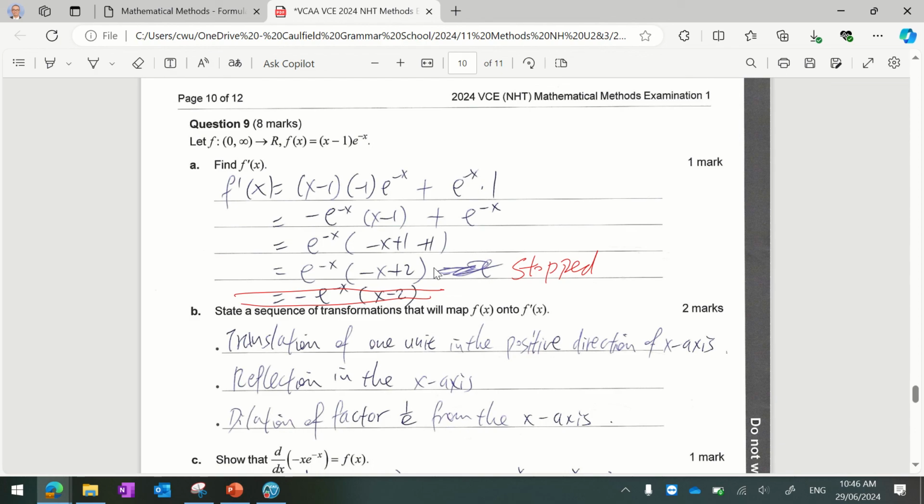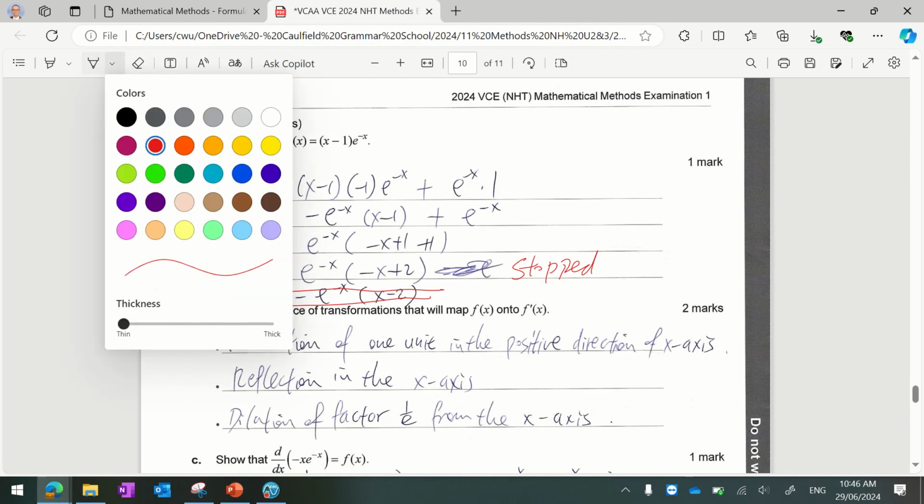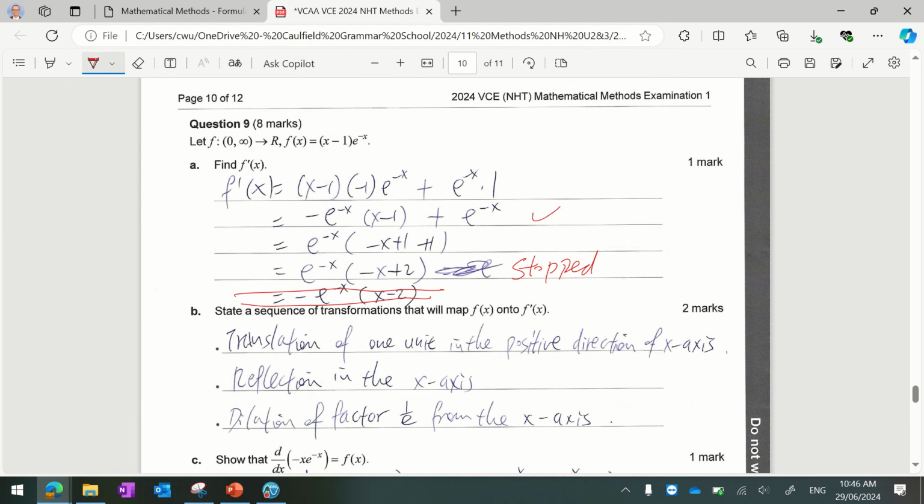If you did question A and you wrote this down and that's your final line, that's fine. If this is the final answer for question A, you should get the 1 mark here. That should be all okay.